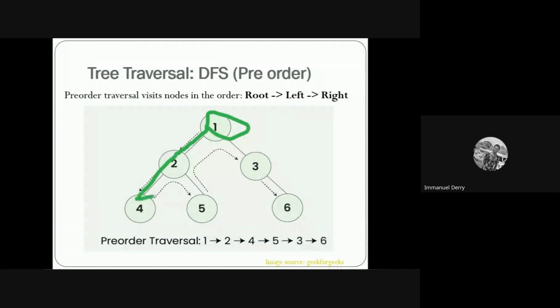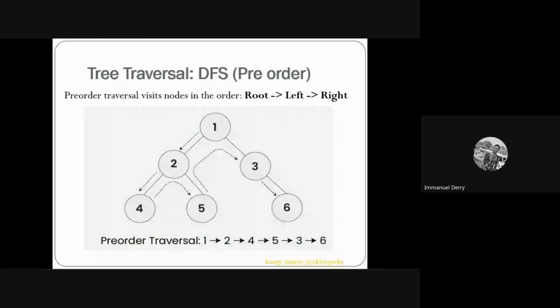Now at 4, we move to right. We move to right again because we already visited the 1, and then we move to right. Mind, when we go to 3, there's no left also. That is why we didn't go to left. We just went straight to right, which is 6. So the order is going to be 1, 2, 4, 5, 3, 6 for pre-order traversal.